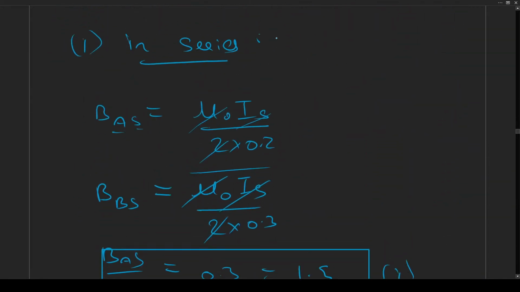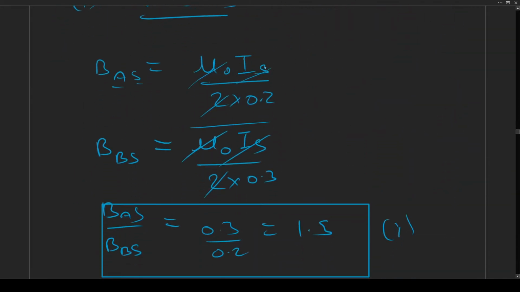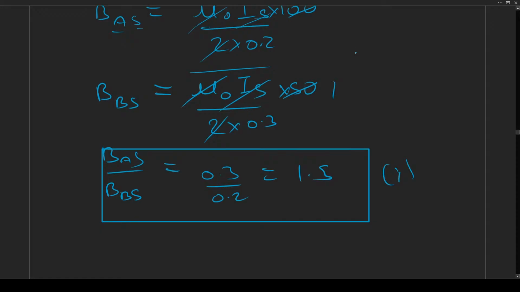So this is 100 turns into 100 into 50, and it will be 0.3 into 2, 1.5 into 2. So it's not 1.5 but 3 is to 1, or 3 by 1. 3 by 1 is the first value.